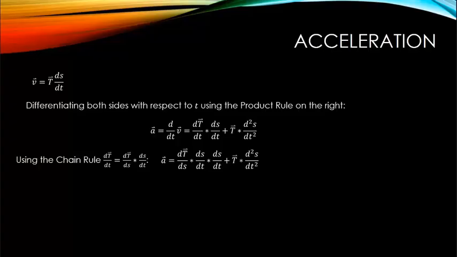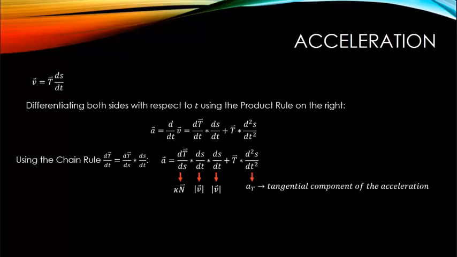The first factor in the first term on the right is the derivative with respect to s of the unit tangent vector. That is just kappa times the principal unit normal vector. ds/dt is the magnitude of the velocity, so I have two factors of the speed.